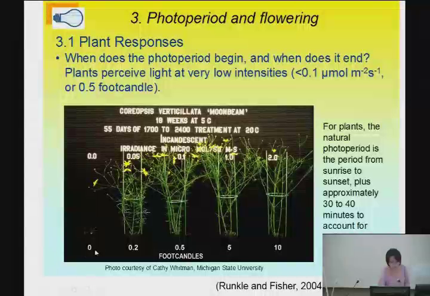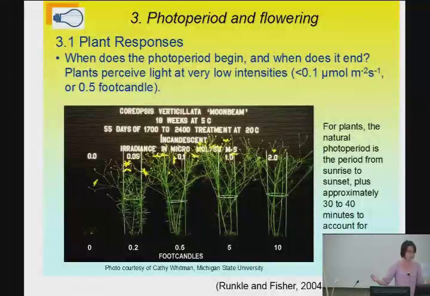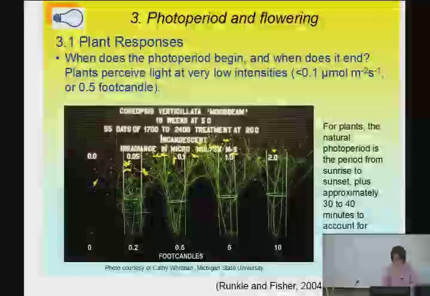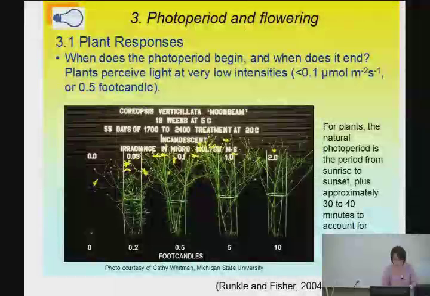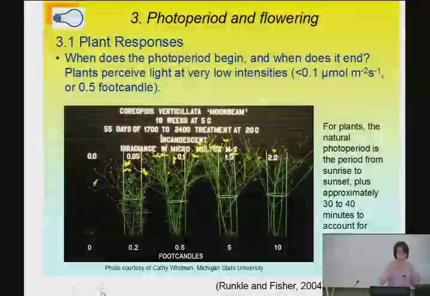And they tested an artificially extended long day in a greenhouse, by adding, I think it's like 7 hours of additional lighting, if I remember correctly. But the light intensity was different. So they tested, of course, 0, so no extension, so there's no flower.